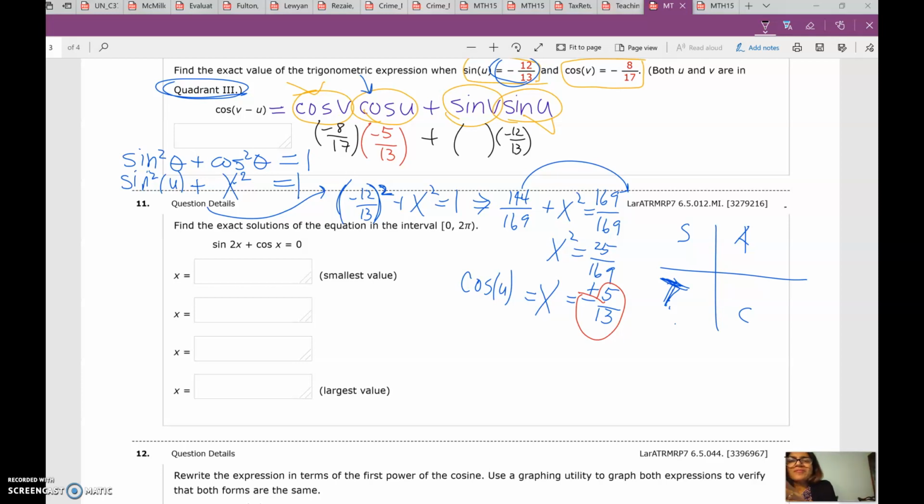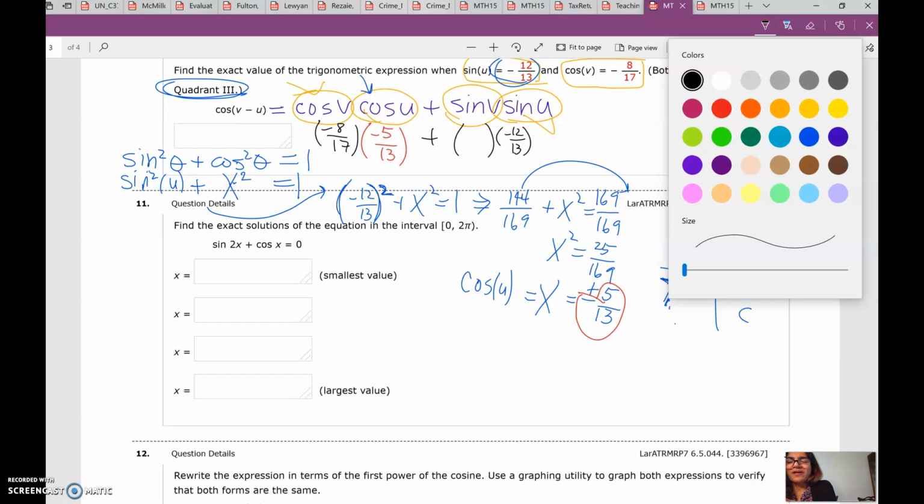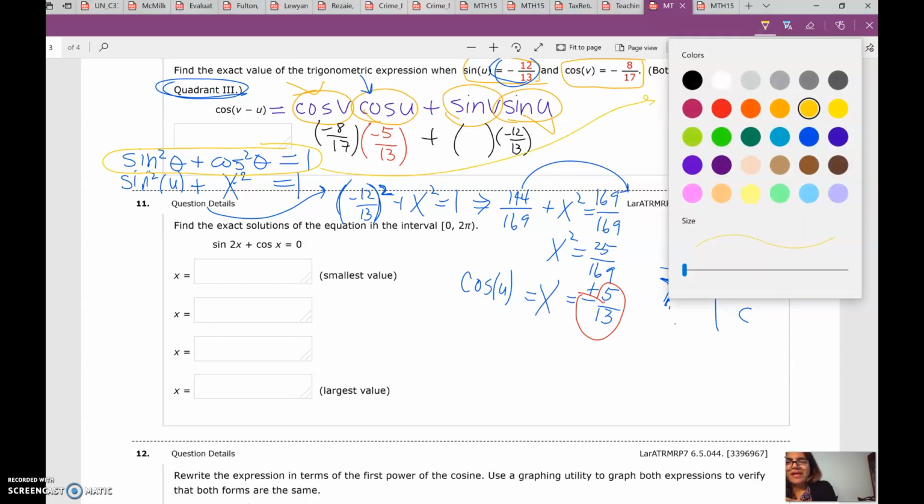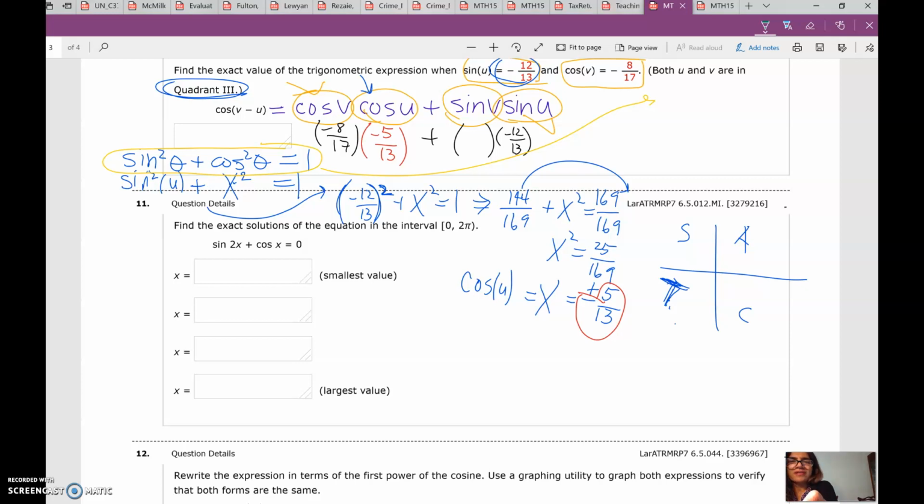This is going to be similar to what we did previously. We are interested in this formula, except this time the angle that we're looking at is v. So we want the sine of v, so we'll call that y. We'll say the sine of v is y, so sine squared of v is y squared.